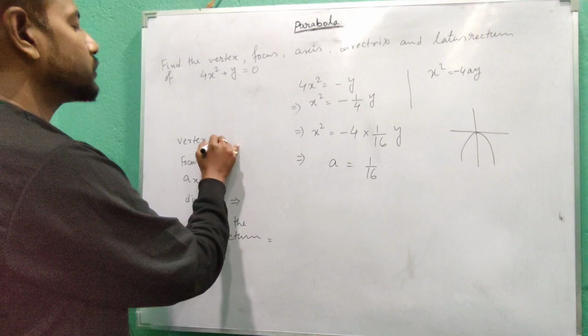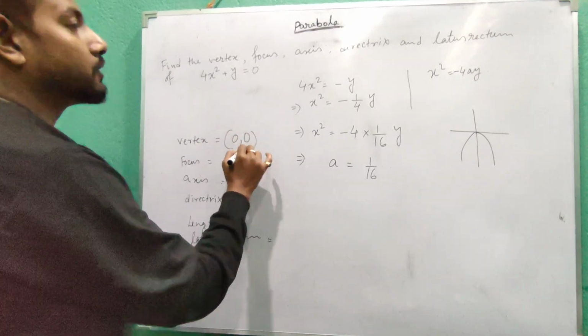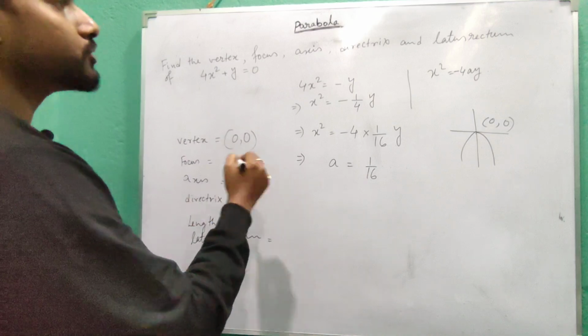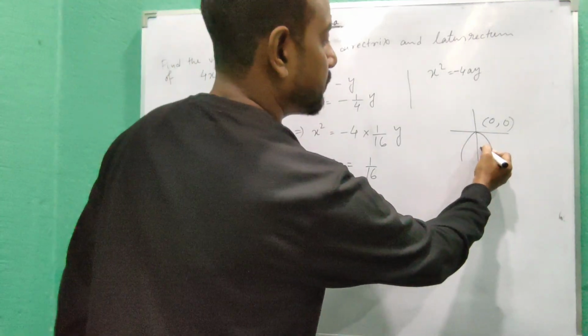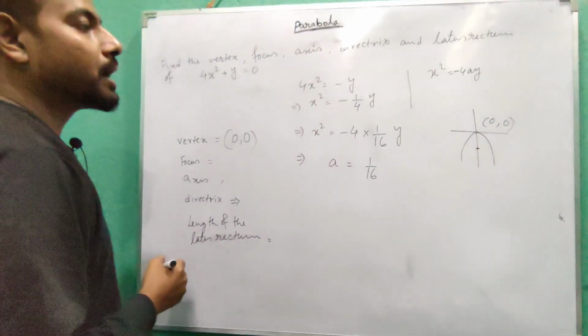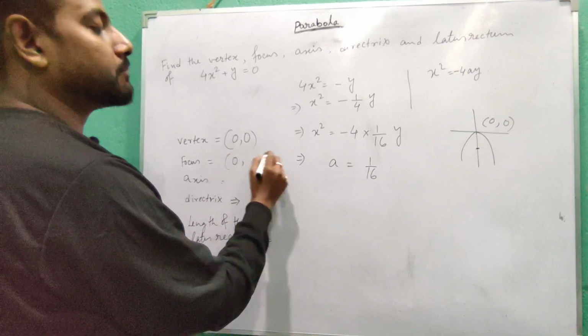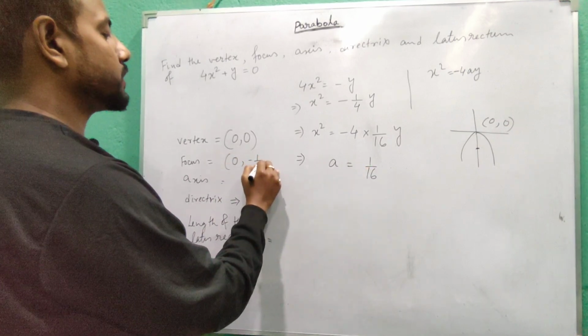So, the vertex is 0, 0. The focus will be 0 comma minus a, that means 0 comma minus 1 by 16.